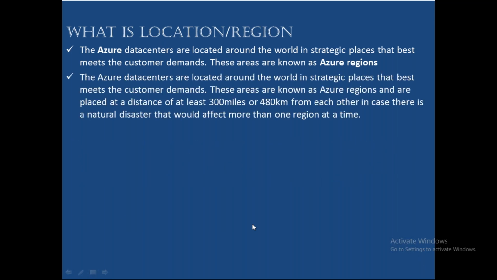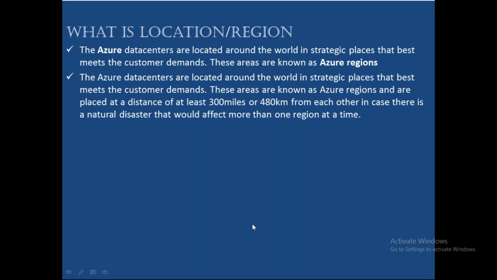Now, the Azure data centers are located around the world in strategic places that best meet customer demands. These areas are known as Azure regions, and are placed at a distance of at least 300 miles or 480 kilometers from each other in case there is a natural disaster that would affect more than one region at a time. What it means is, example, I have one data center in Hyderabad, one more data center in Bangalore.